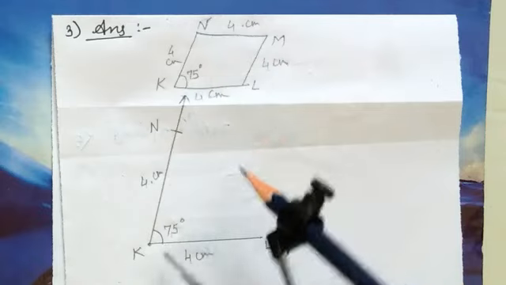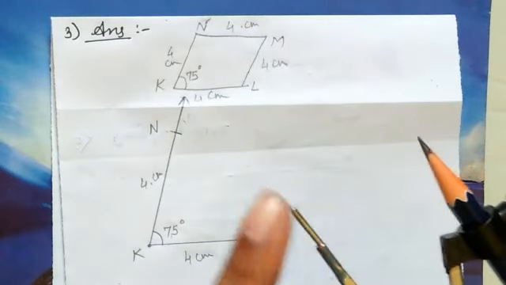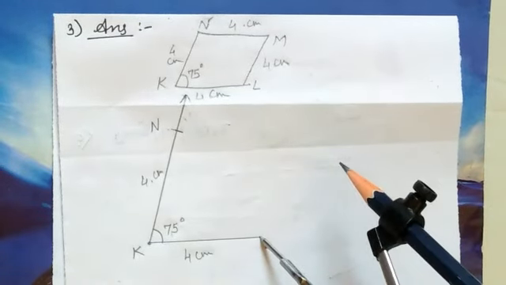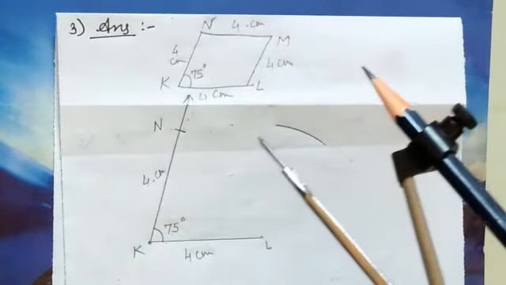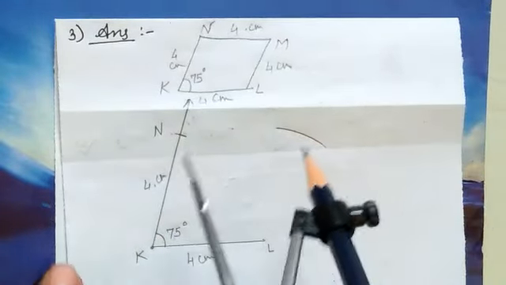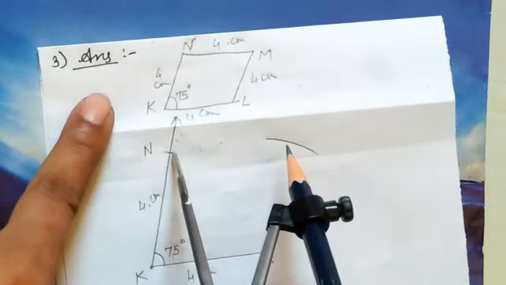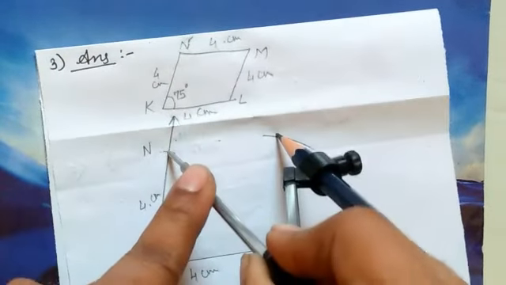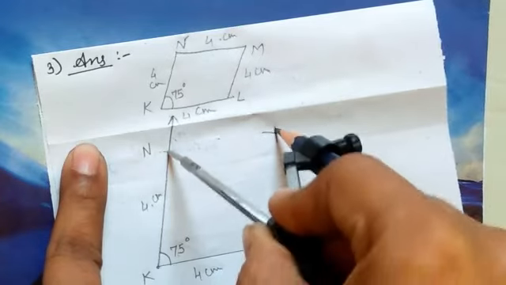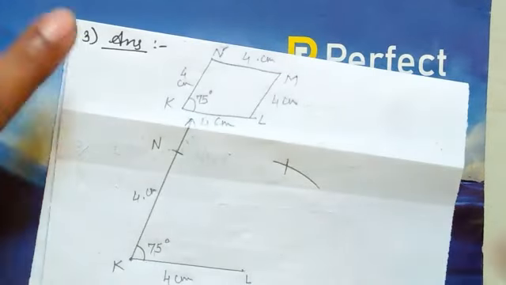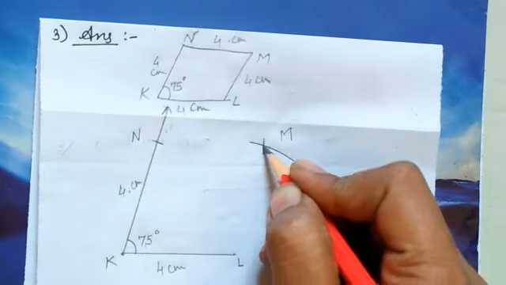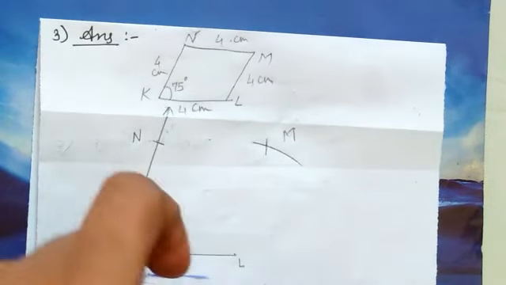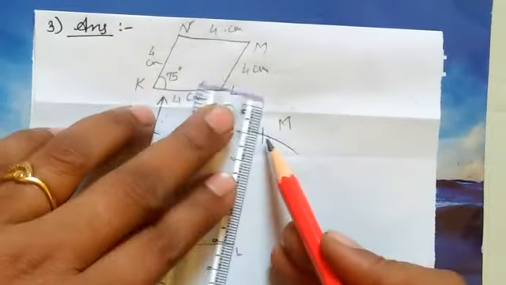Now take the distance of 4 cm only and put the metal point over the point L and draw one arc. Keep the same measurement. Put the metal point over the point N and draw the arc over the previous one. Here we got the point M, this intersection point. Join the point M to L and N also.